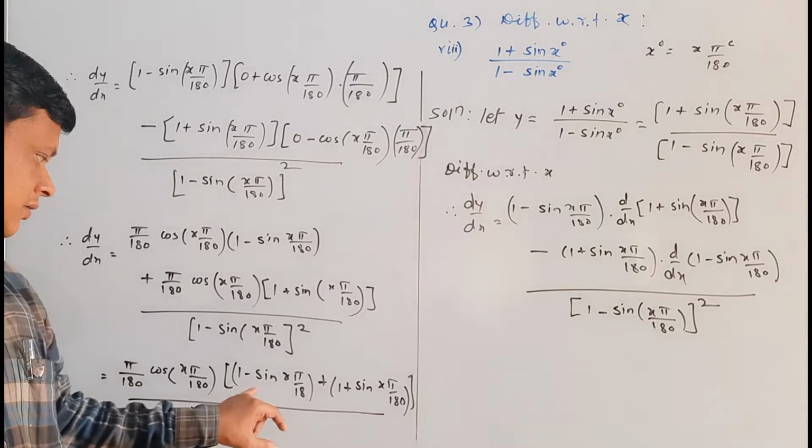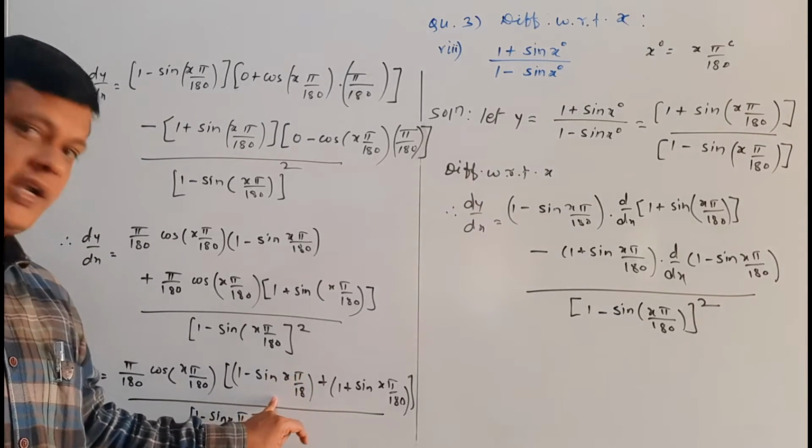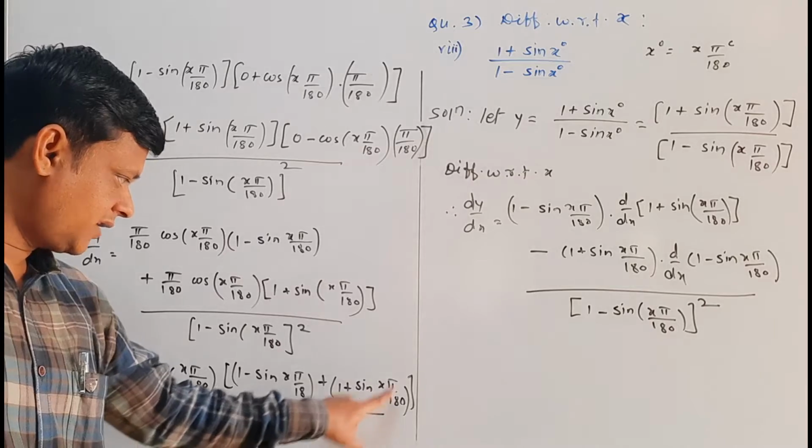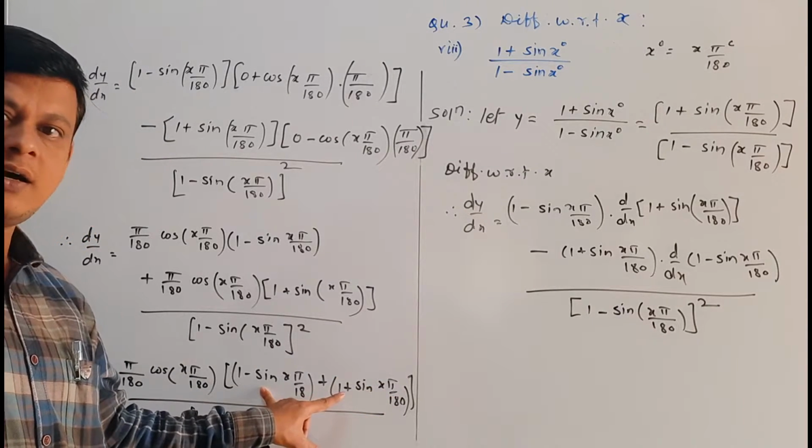So here this sine x pi upon 180 gets cancelled with this sine x pi upon 180 because the signs are opposite.